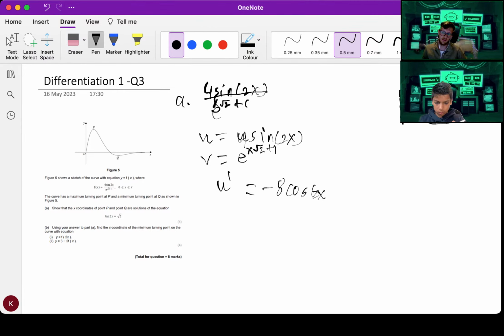Well, it's not negative. Sine differentiates to positive cos. So that's the derivative of u. Now the derivative of v.